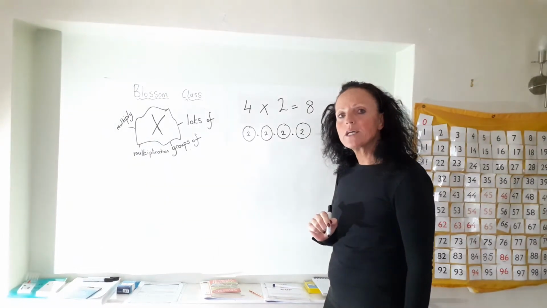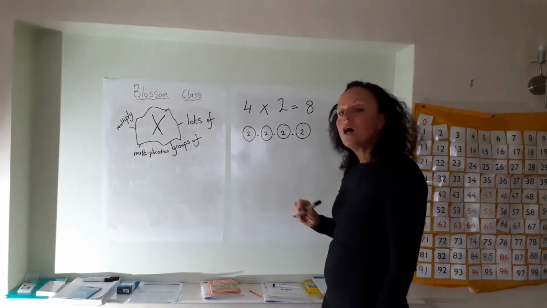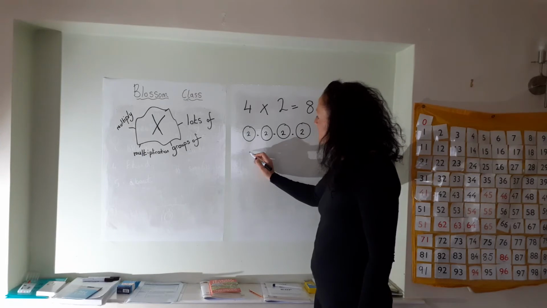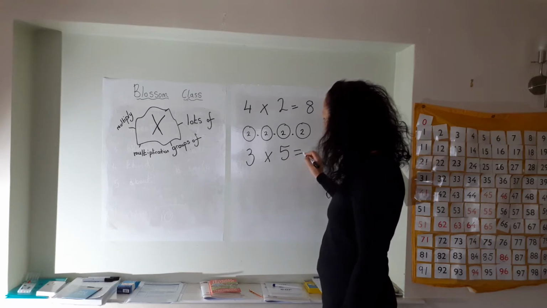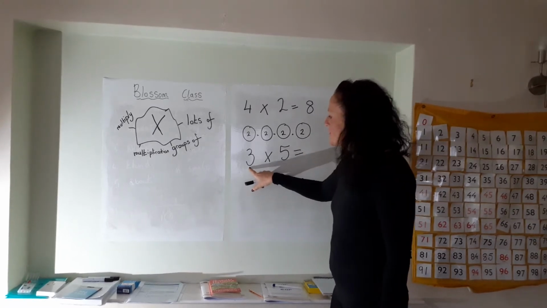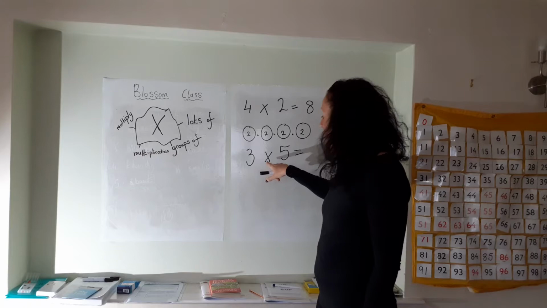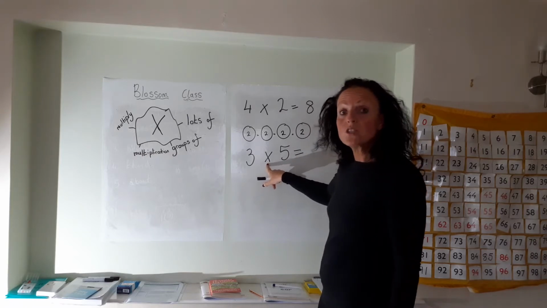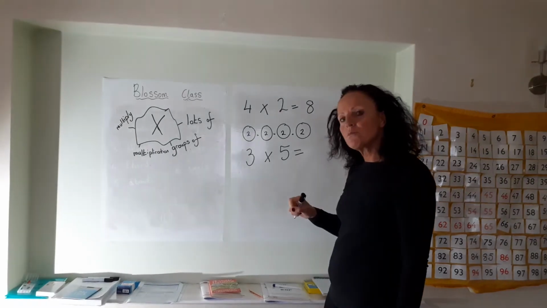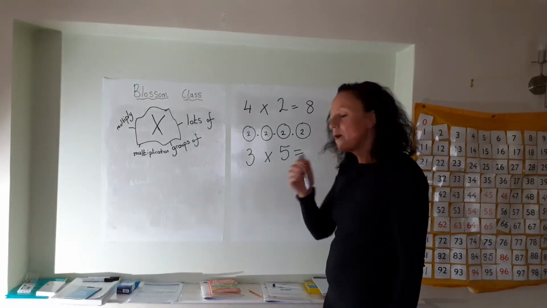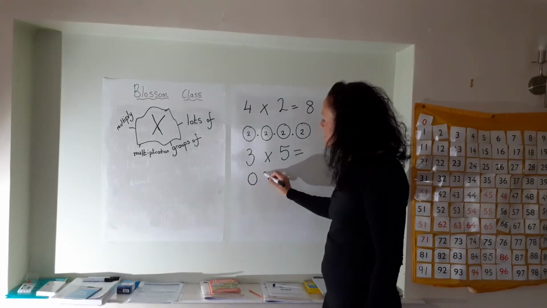So let's have another practice now using our 5s. So it says to us there is 3 lots of groups of 5 equals. So how many groups have we got? Well done, we've got 3.